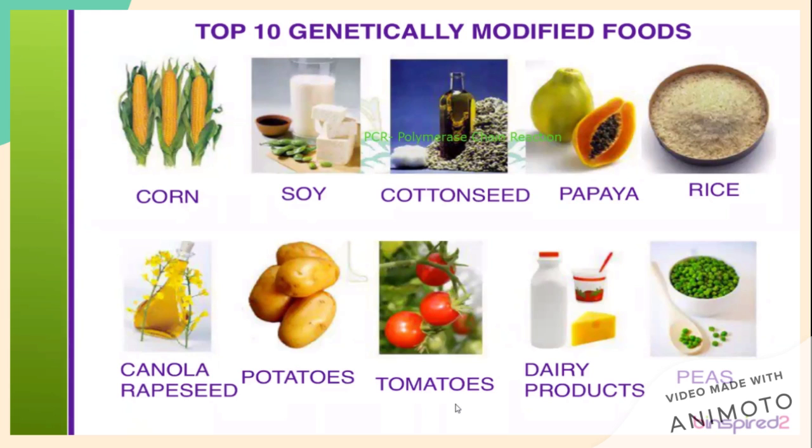So we can see corn as one of the top genetically modified foods. It can be converted into cornmeal, corn oil, and so many other things they can get from the corn. Even if you think that cornmeal is expensive here, it is very cheap.